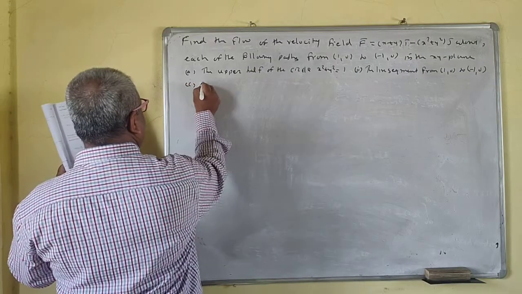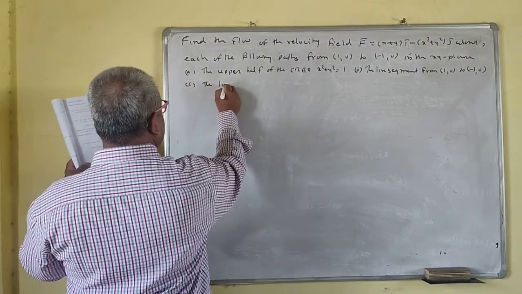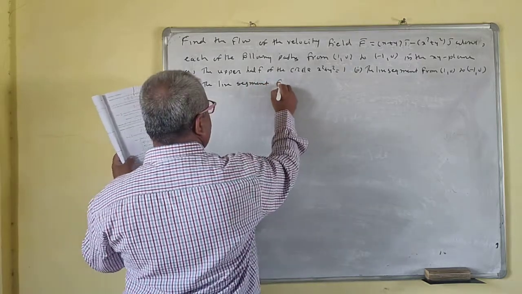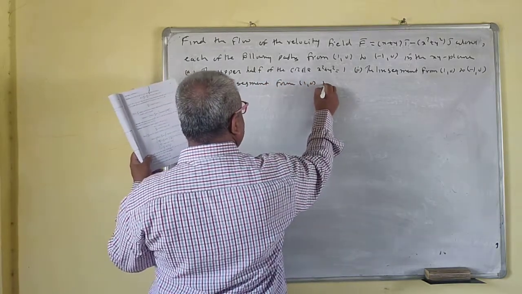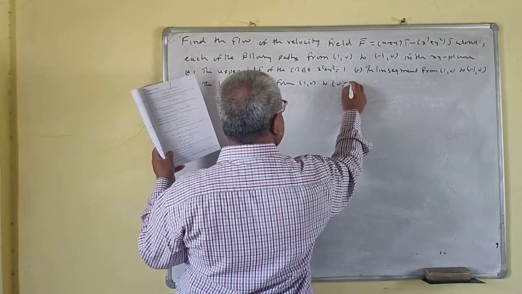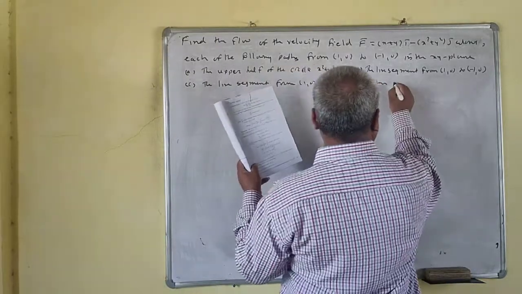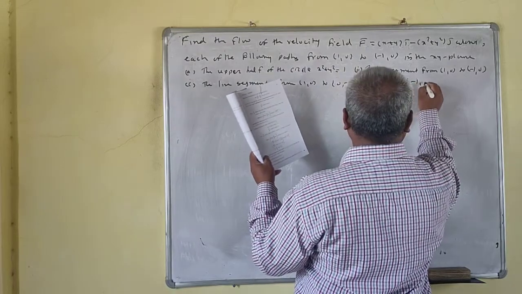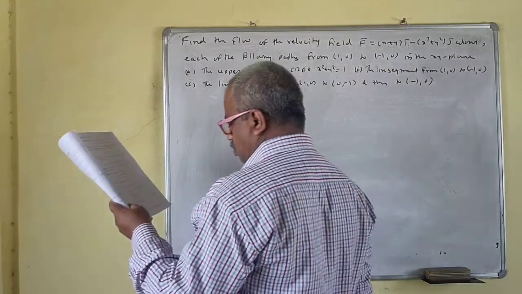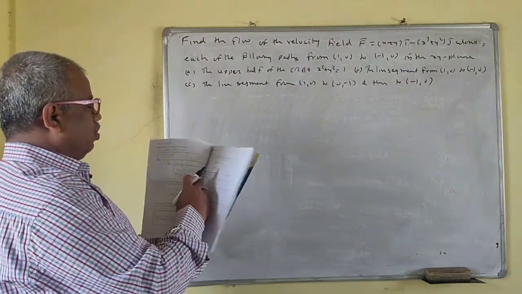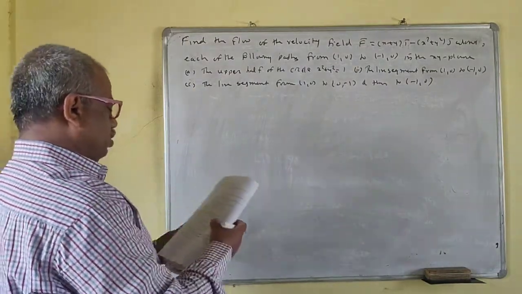And C, the line segment from 1, 0 to 0, minus 1, and then to minus 1, 0. Is there any one more? Okay.